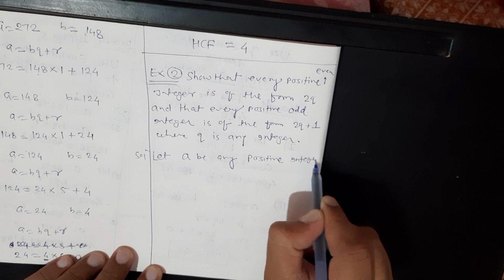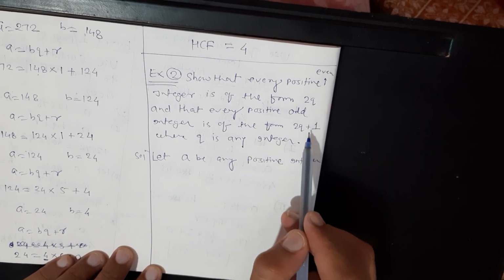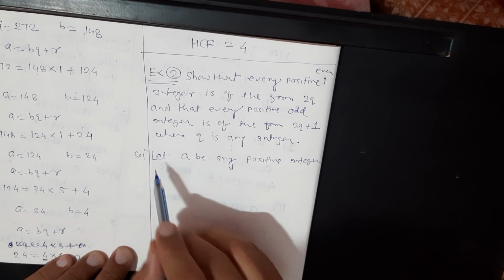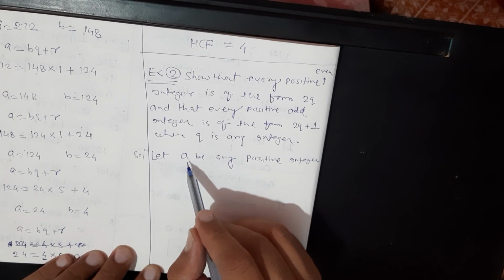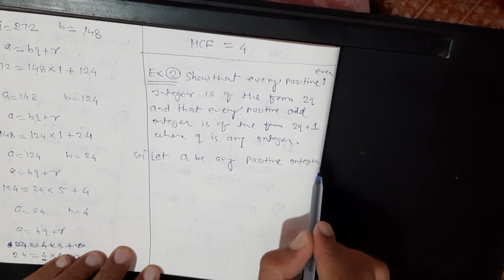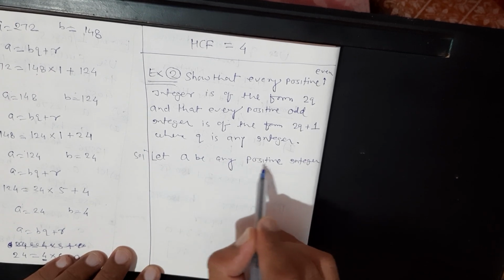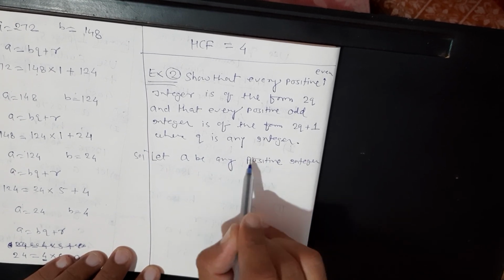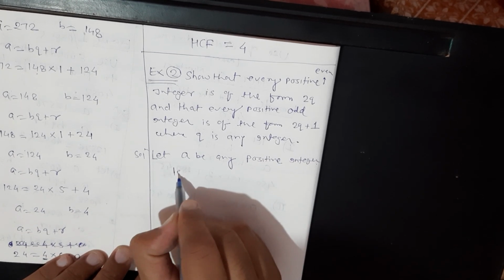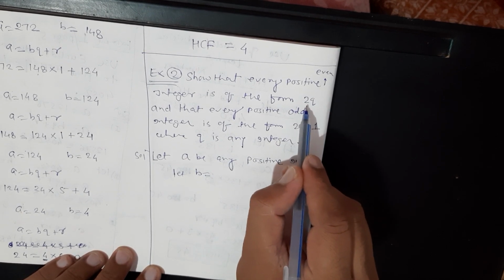We have to show that 2q is a positive even and 2q plus 1 is odd, but at the beginning your assumption is that a is any positive integer. You don't need to write odd or even here. And let b be equal to 2.